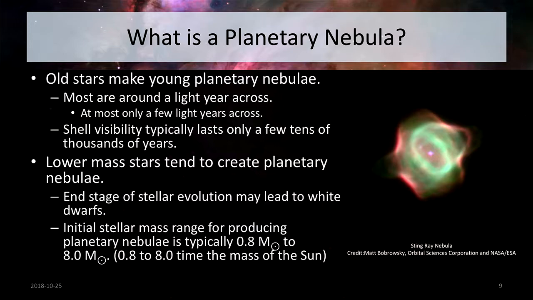Now, the stars that can make these things are typically referred to as low or intermediate mass stars, ranging from about 0.8 to 8 times the mass of the sun. This symbol here, this M with the little circle below it, means mass of the sun, so it's a worthwhile thing to note in astronomy.